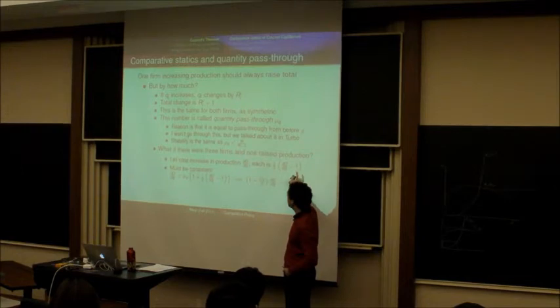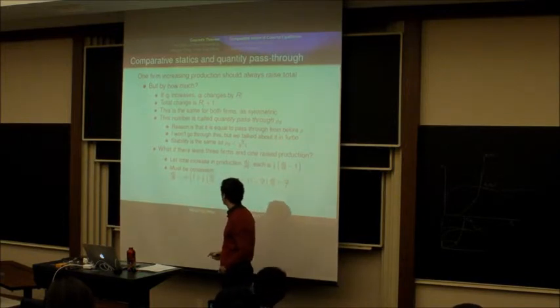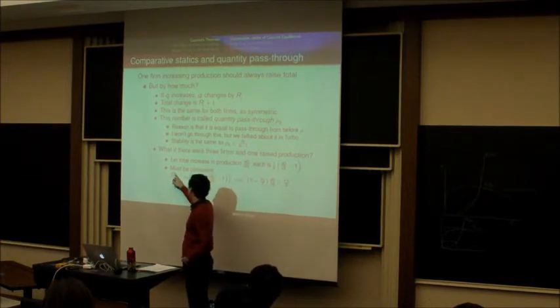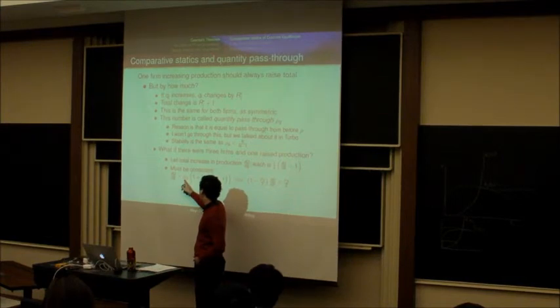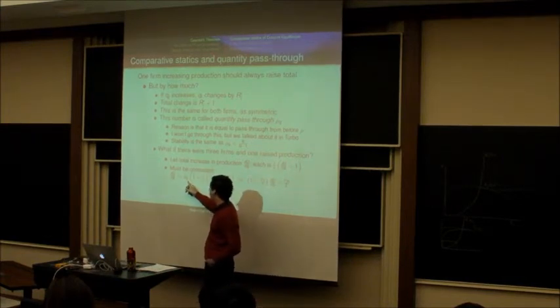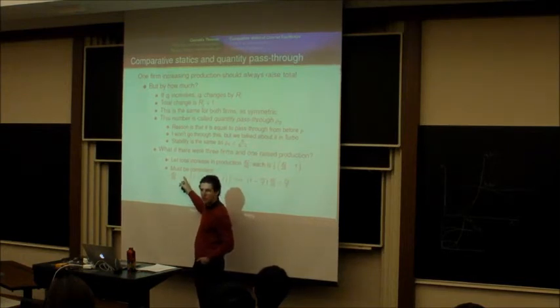And that has to be consistent with the quantity pass-through rate. So the amount that the total industry's production changes when the new firm increases its production is the amount that all other firms increase their production times the pass-through rate of the last firm in the industry.